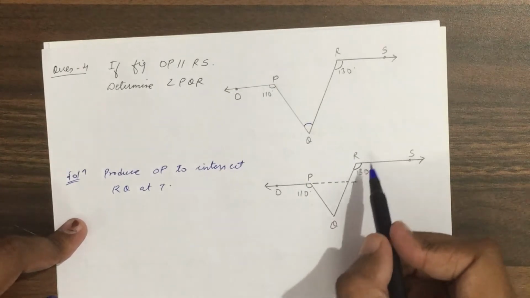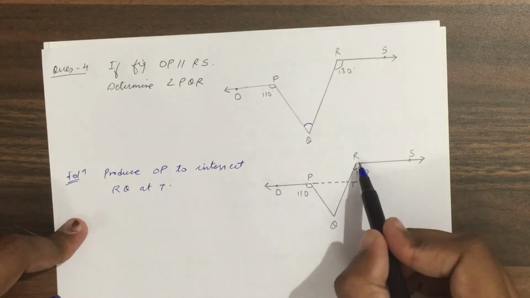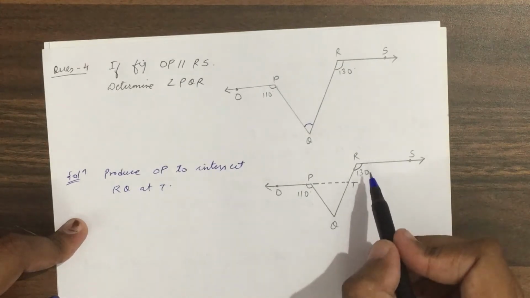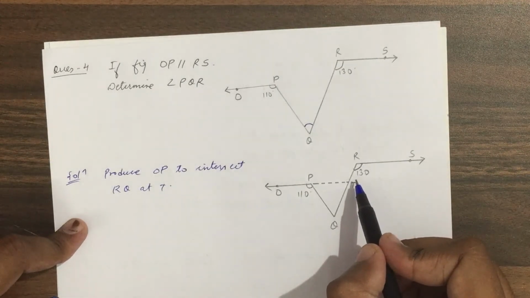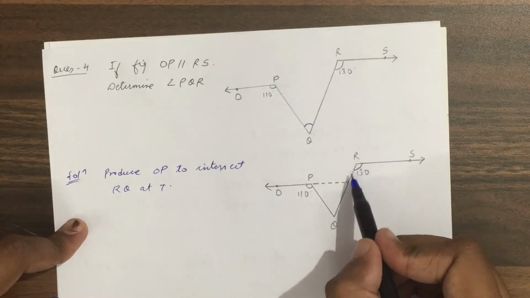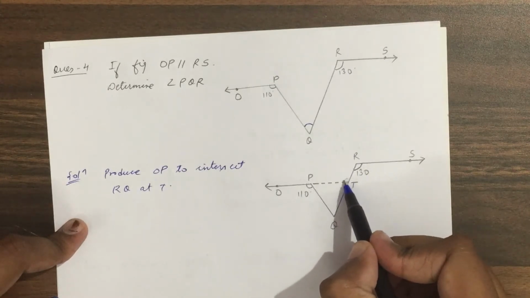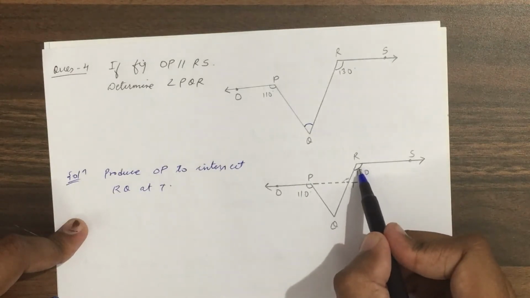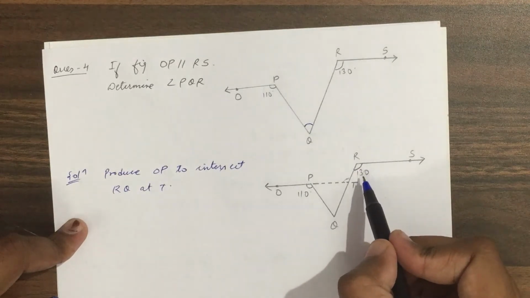Now you see this OT is parallel to RS, so you can say that angle, what is this? Angle RTP. This angle will be equal to angle TRS, 130 degree. Why? Because they are alternate angles.